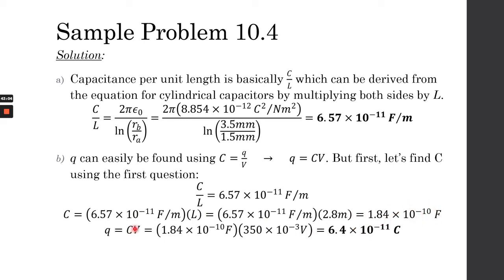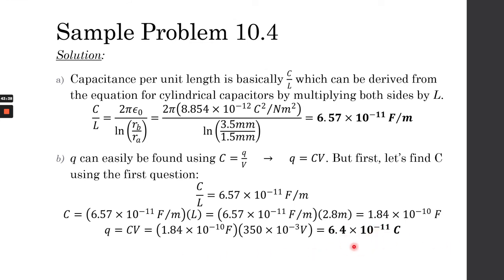And since they give you the V, you can multiply your capacitance by the potential difference given, and you get Q. So they were asking for both conductors. Does it really matter? Because I mentioned earlier that the magnitude of both plates or both metals should be the same. It's just one is positive and the other one is negative.